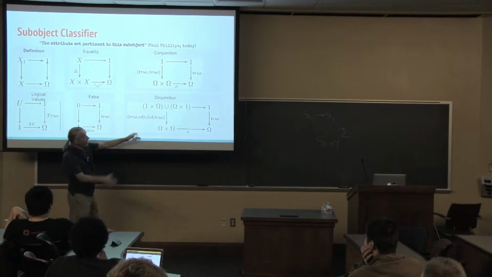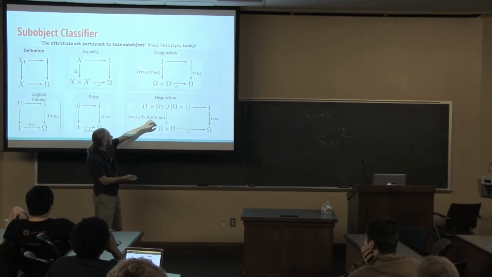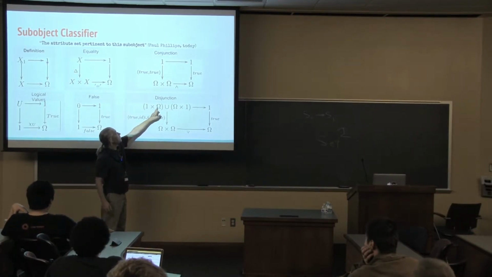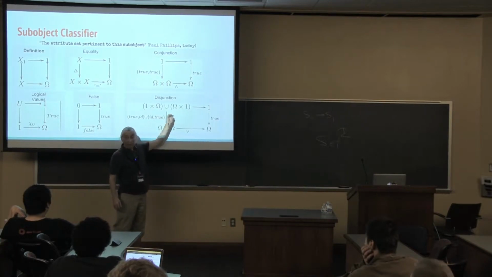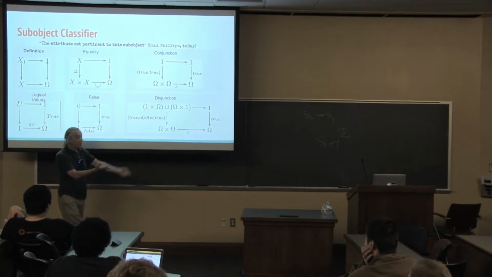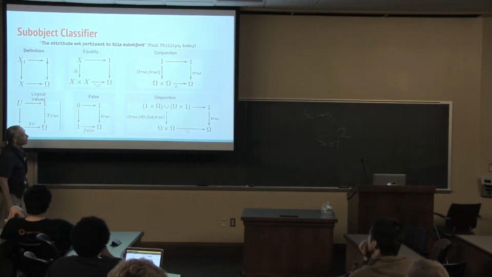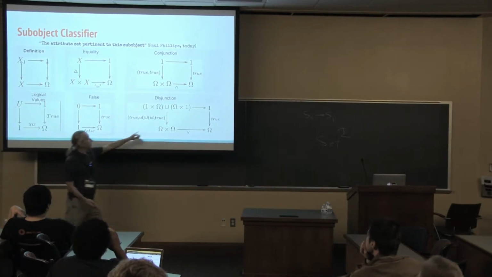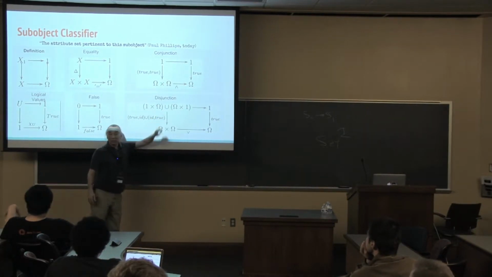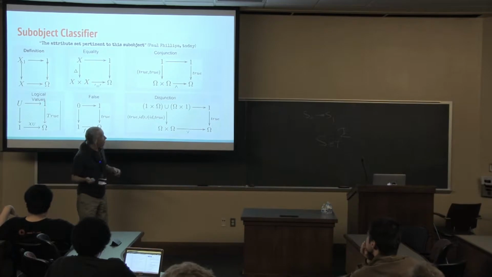Disjunction takes more effort to define, but basically the idea is truth either on the left or on the right. So this union gives us the result. Where does the union of objects come from?